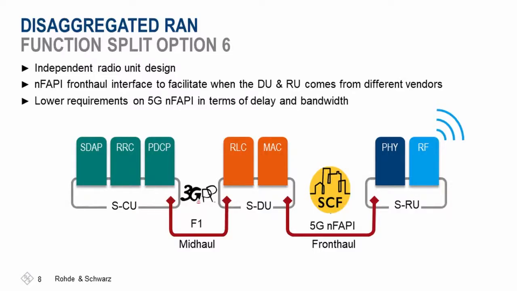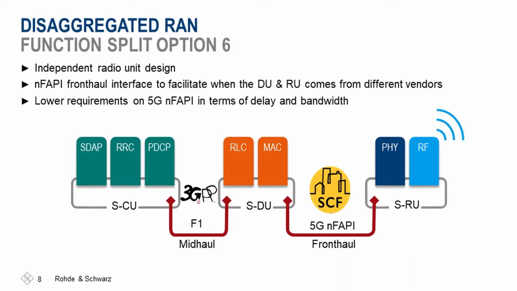So now let's look into the details of functional split option 6. So option 6 here, as you see, there are three different units. The SRU, the radio unit with the PHY and the RF layers. And then we have the SDU, the distributed unit on a separate hardware, which could be off-the-shelf server PC, and on that is the MAC and RLC layers.